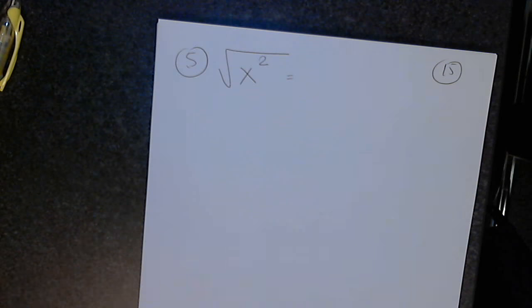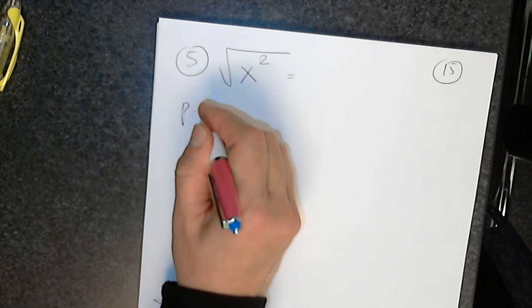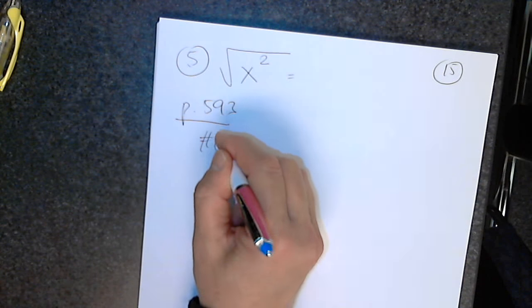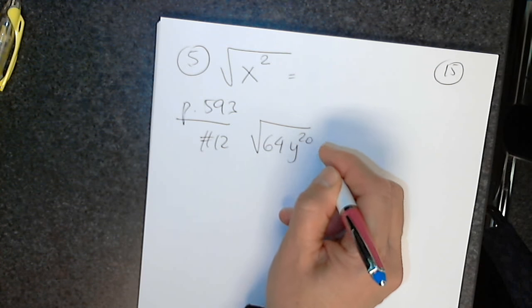So I would like to work on some problems, and I'll come back to law number 5. On page 593, I would like to start with problem 12, which is the square root of 64y to the 20th.